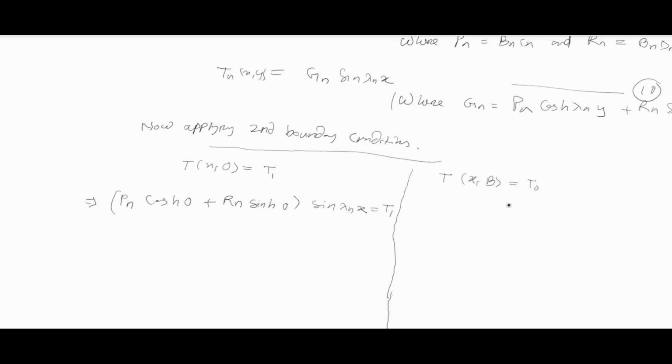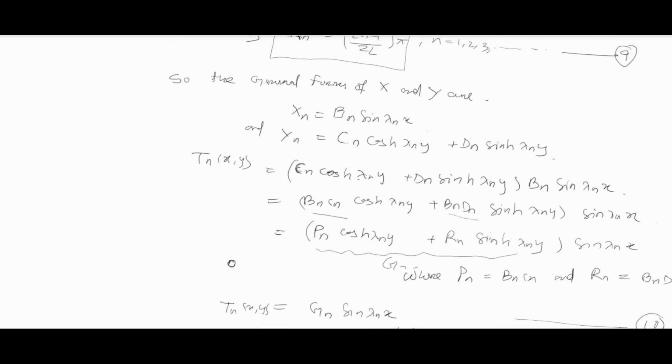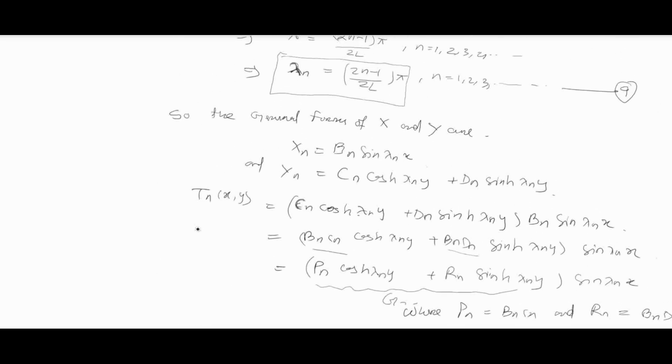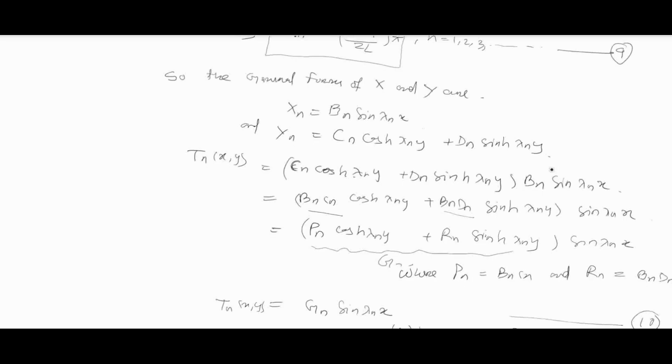One thing we missed here. We have already taken n equal to 1, 2, 3. So in the generalized solution, when we write Xn equal to bn sin(lambda n x), we will add a summation here, n equal to 1 to infinity.